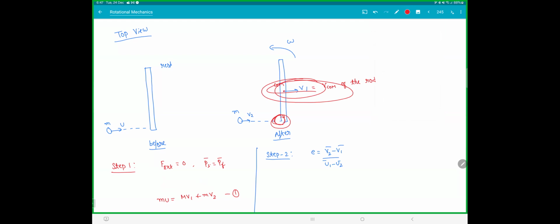So V2 and V1, these are actually velocities of points of collision. They're not center of mass velocities. These are velocities at the point where the collision occurs. It doesn't make sense to take only V1. These are velocities of points of collision.